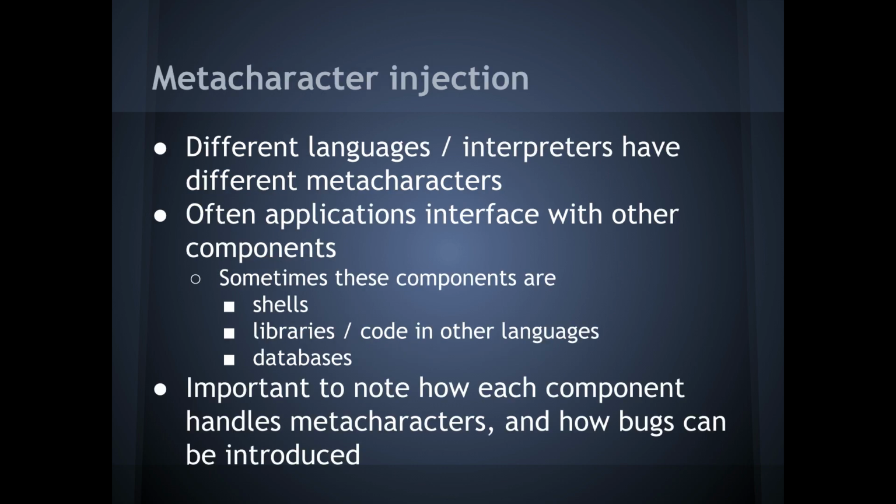And often this is exploited by a class of vulnerabilities I consider metacharacter injection. Different languages, or rather interpreted languages, usually such as when the web server is running a PHP interpreter or Python or Perl or CGI, have different metacharacters that trigger parsing to behave in different ways.